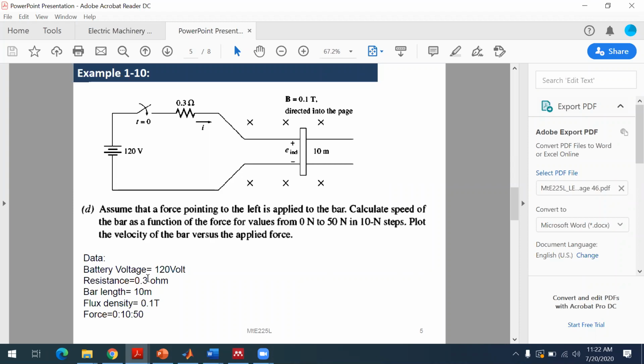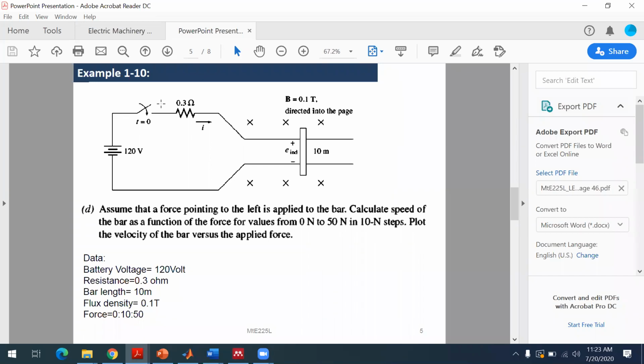So what we have to do is, the data that we have is that the battery voltage is 120 volt, resistance is 0.3, bar length is 10. Okay, why I'm not going through the book?